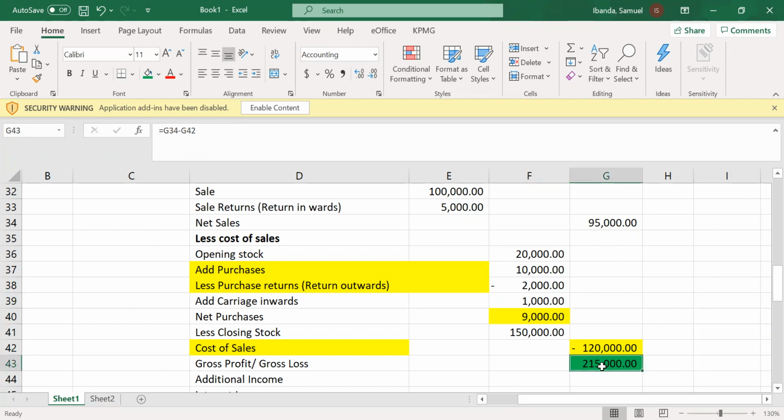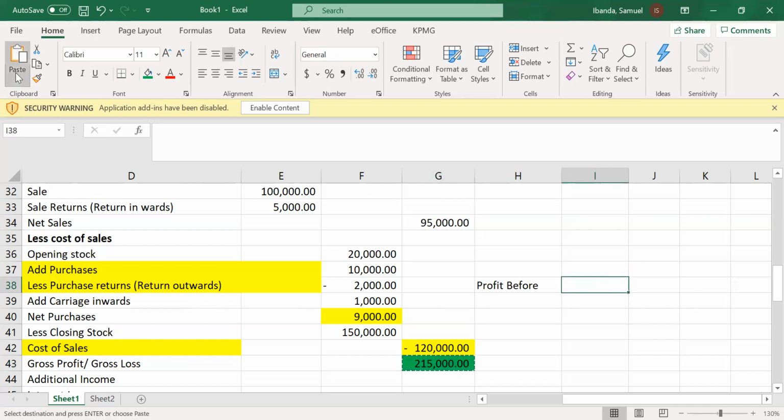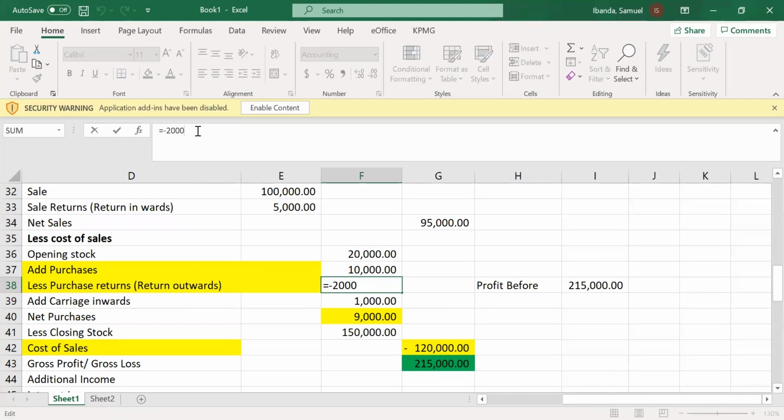So we have 215 as our profit before we have recognized the purchase returns. So now let's recognize the purchase returns, okay? Which is 4,500. So if we have 2,000 here, it's now going to increase by 4,500, okay? So it's more of me adding 4,500.